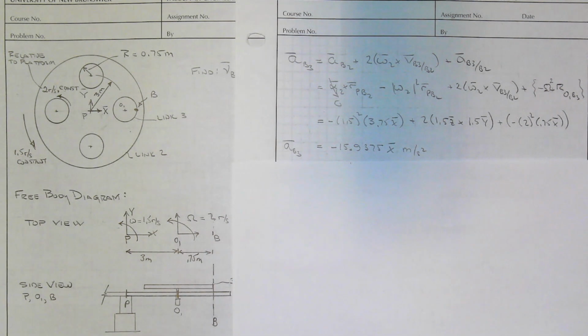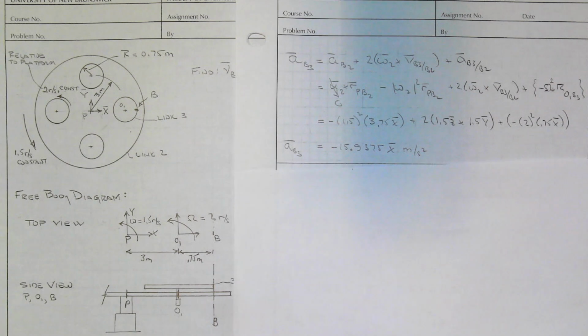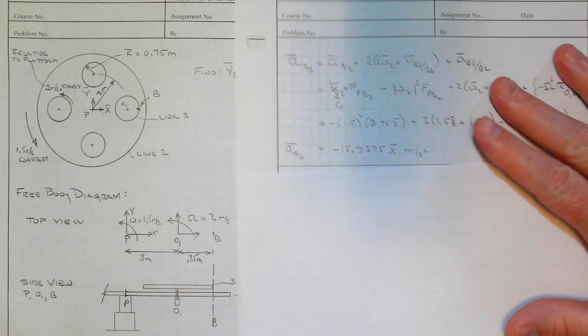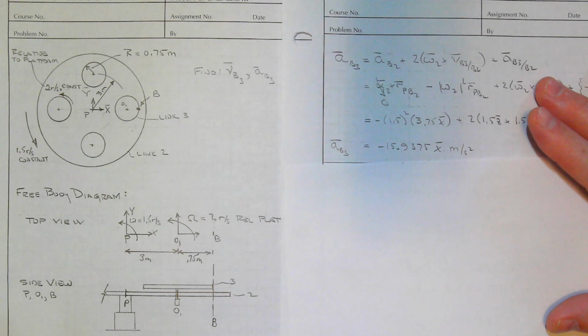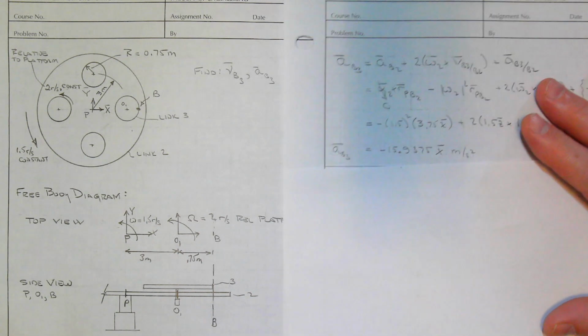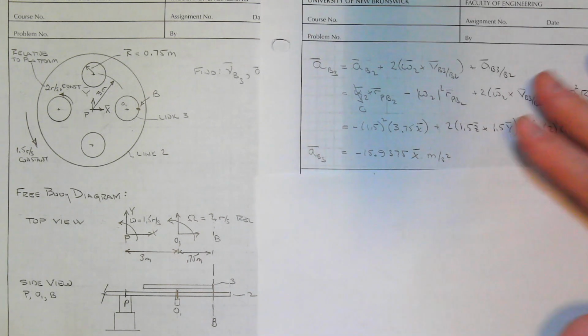I want to note we could do this problem another way. Very clearly, we could do this problem another way. Note that when we did this, let's go back to this first problem a little bit. I'll just take it that route.